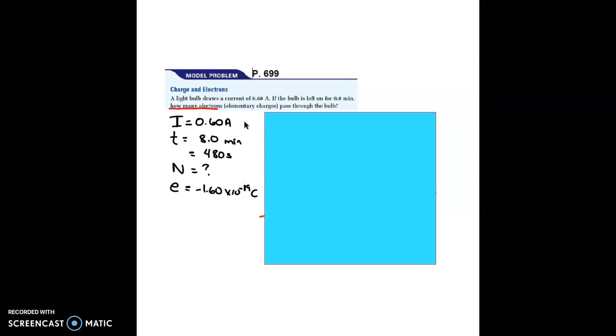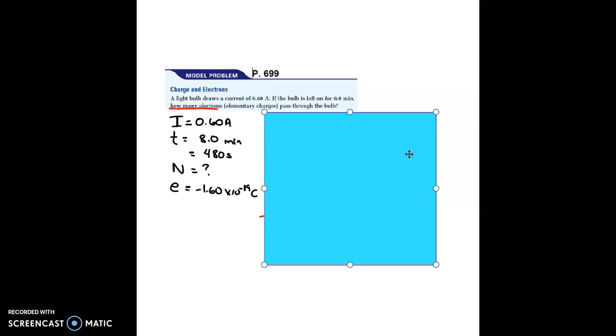Write out what's given. We have our I, which is our current. We have t, which is our time interval, and we know our elementary charge. We're going to use the definition of current to find the amount of charge passing through the light bulb in 8 minutes.